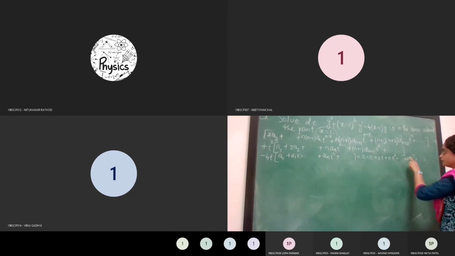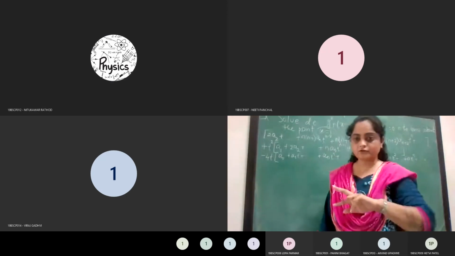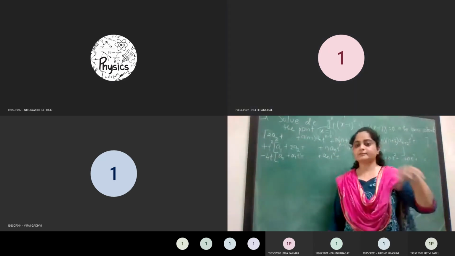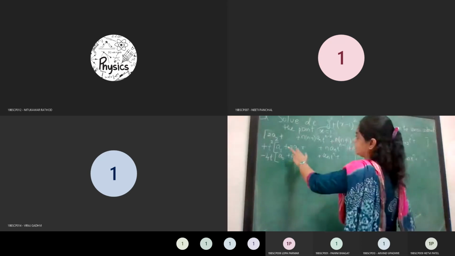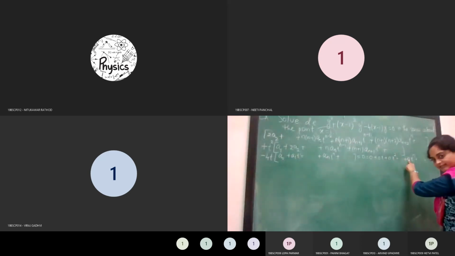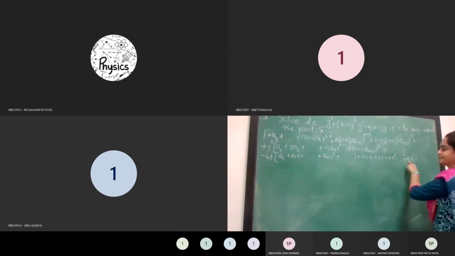So can I say left hand side coefficient of t raised to n is equal to 0? Yes, ma'am. Both the sides you are comparing the polynomial. So when you are comparing the polynomial powers, corresponding coefficients will be same. So left hand side coefficient of t raised to n is same as right hand side coefficient of t raised to n. Hence, left hand side coefficient of t raised to n is equal to, I can say, 0.